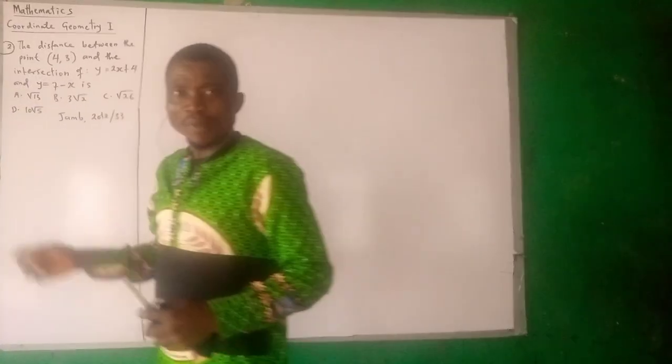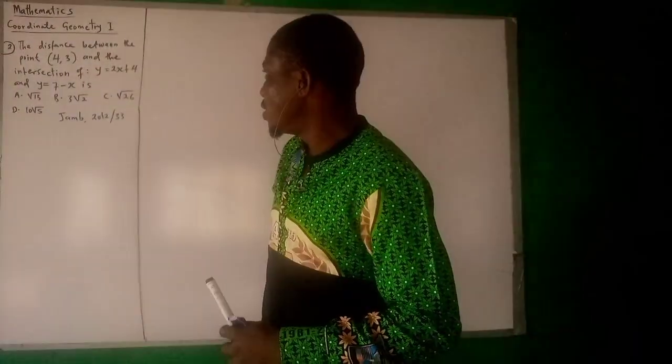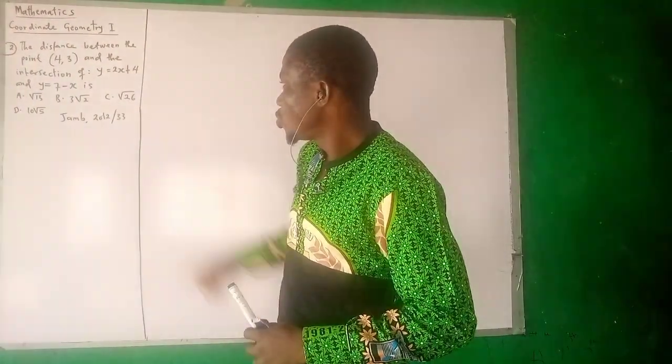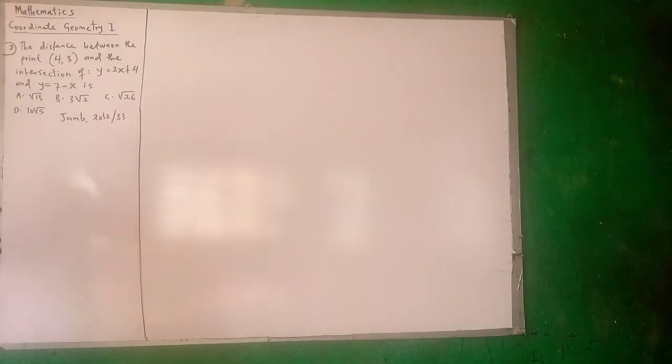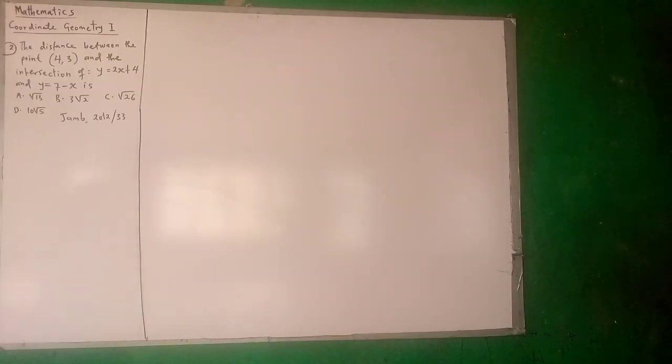Okay, this is number 2 question, and it's still a JAM question, 2012, question number 33. It says: the distance between the point 4, 3 and the intersection of y equals 2x plus 4 and y equals 7 minus x is what?